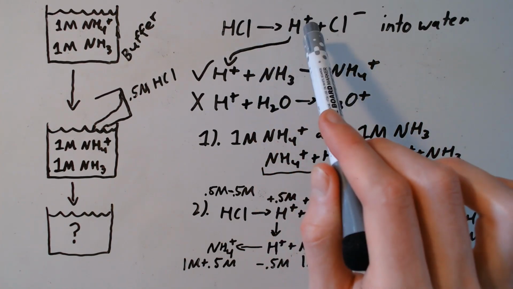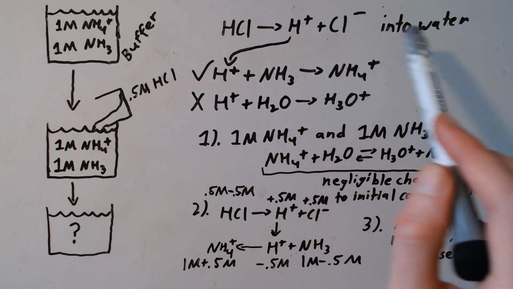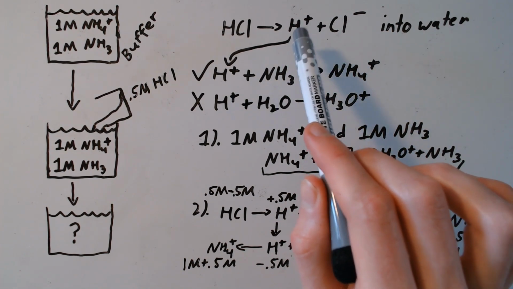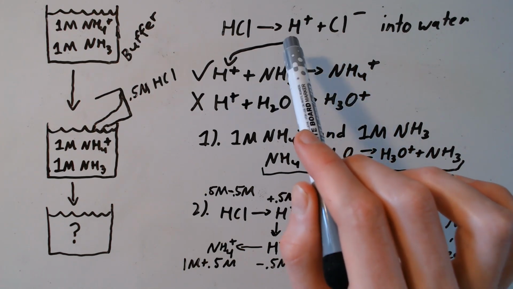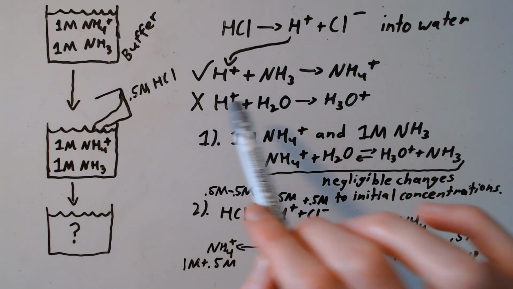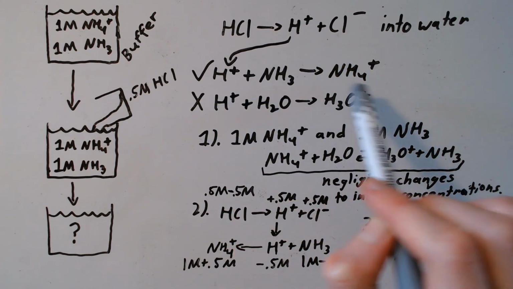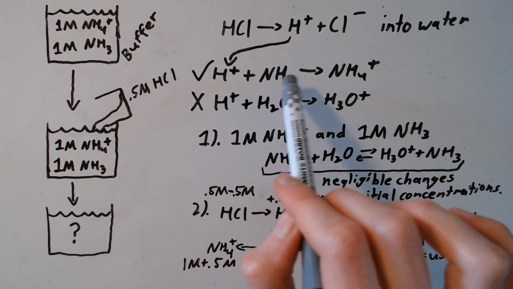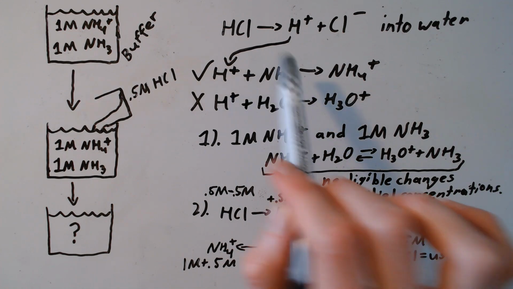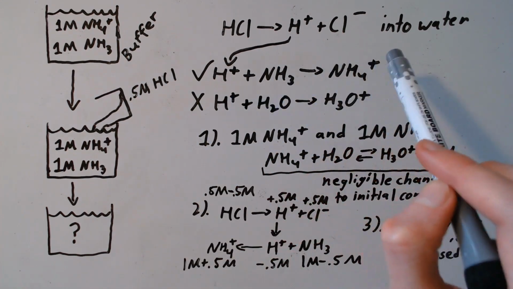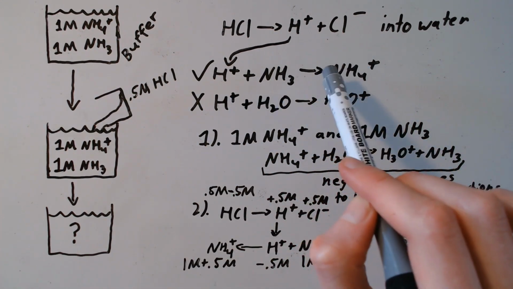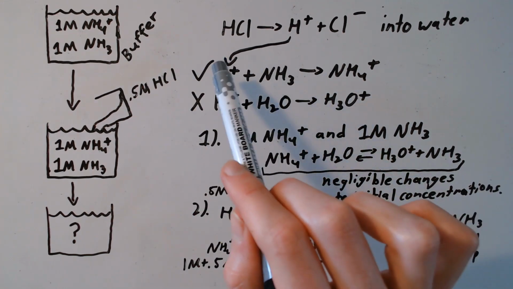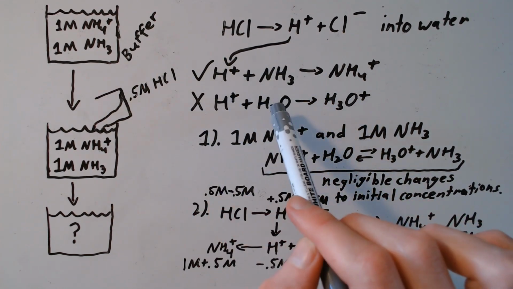So when the HCl releases this H plus into water, there are two things that this H plus could bind to. It could either bind to water to produce this hydronium ion, or it could bind to the weak base that's already present, this NH3, to produce NH4+. In the case of this buffer, it binds to NH3 and not to H2O.